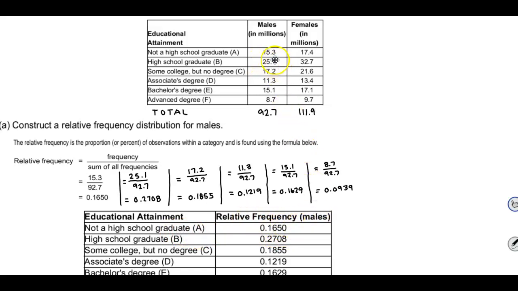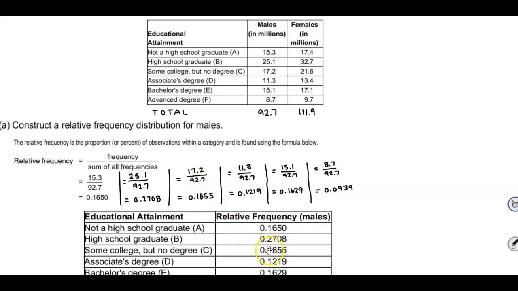Then we look at the next number, 25.1, and divide that by 92.7, which gives us 0.2708, the relative frequency for males for high school graduate. For some college but no degree, we get 17.2 divided by the total 92.7, which gives us 0.1855.